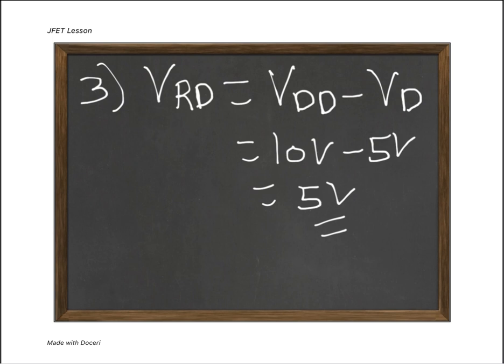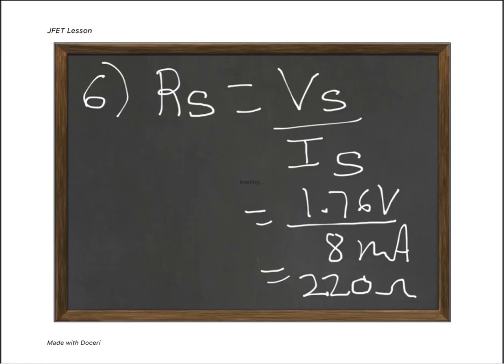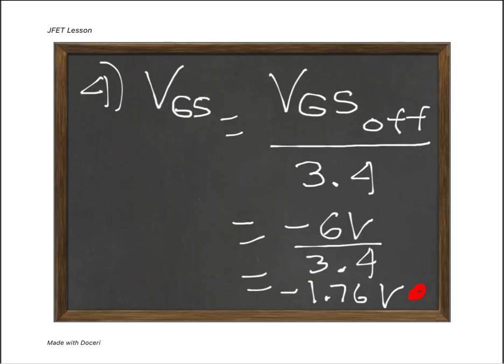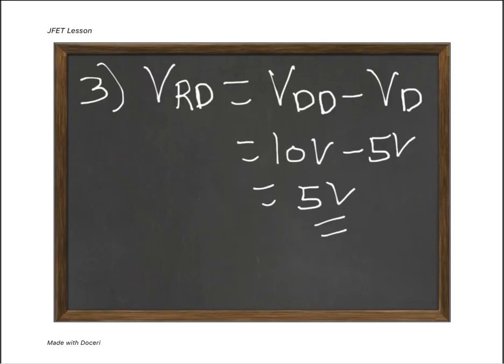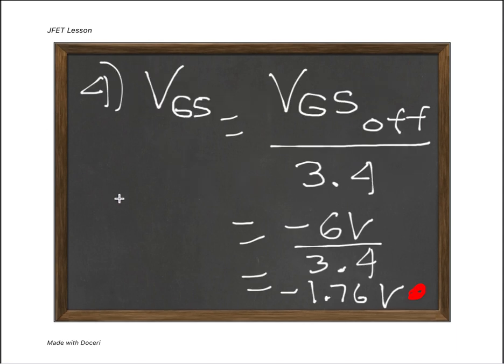It's helpful if you have the circuit sketched. Okay, the gate to source voltage is the VGS off, that's from the data sheet, divided by 3.4, which is 1.76. So what do I got? Did I do a diagram here? No, I didn't. Okay, so it's been a while since I did these slides. So let's go and sketch it here.